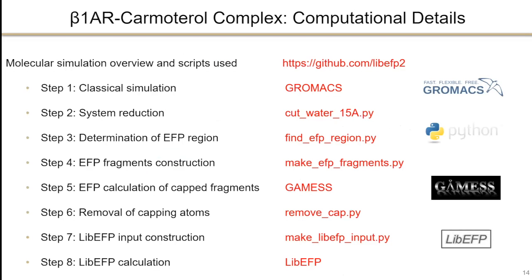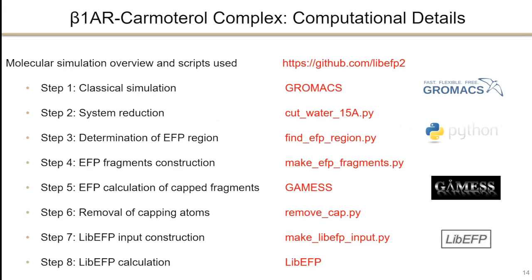Okay, now I want to give an overview of all the steps I did and all the scripts and software I used. The first step is the classical simulation, followed by step 2, which is system reduction. Then step 3 is finding the EFP region. Step 4 is EFP fragment construction. Step 5 is calculation of capped fragments.